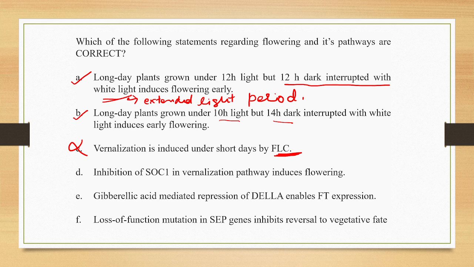Then inhibition of SOC1 in vernalization pathway induces flowering. So this is again incorrect because SOC1 stands for suppressor of overexpression of constans 1. SOC1, I'll just write it here.